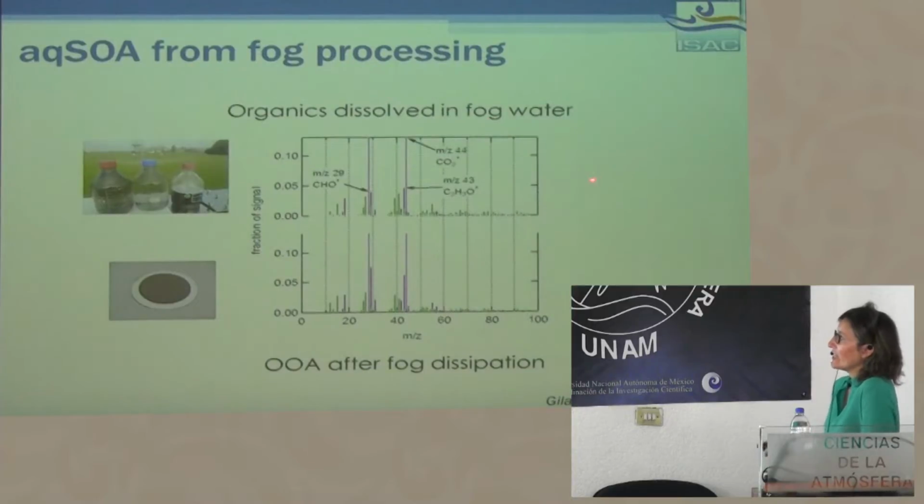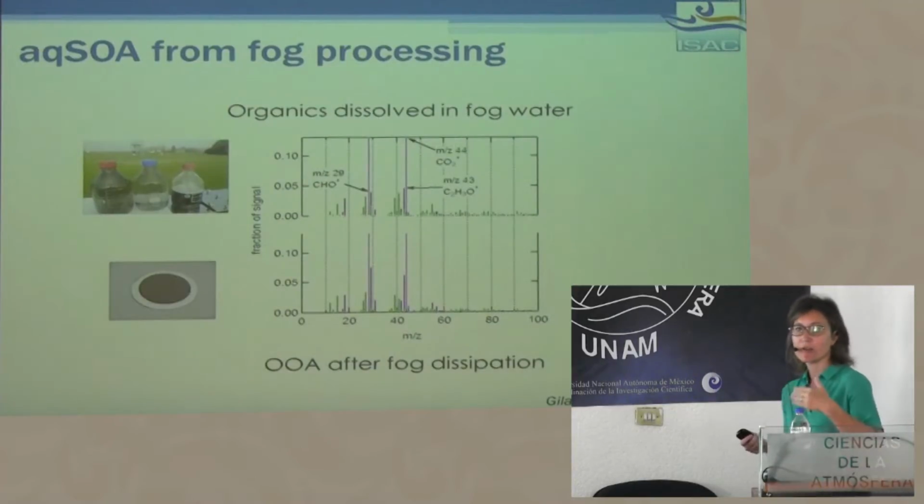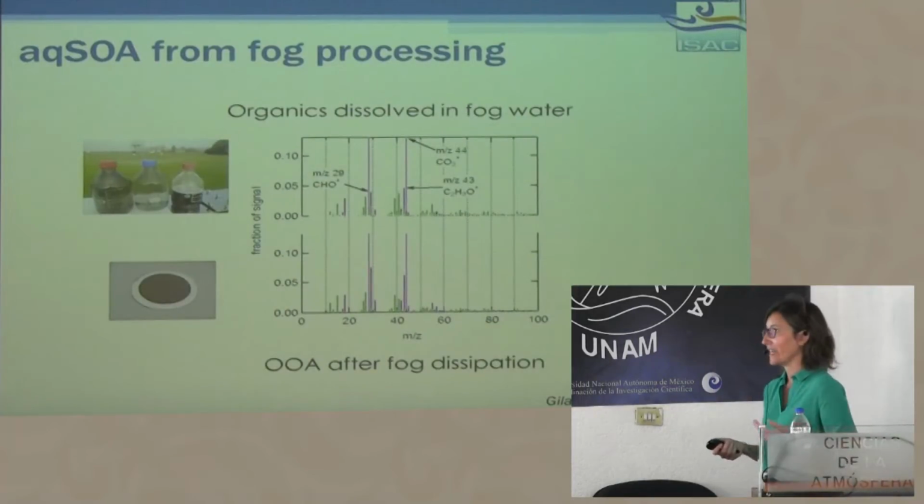And this is the average mass spectrum of the organics dissolved in fog water. What you see is that the highest peaks are pink. The pink peaks correspond to fragments that contain oxygen, oxygenated fragments, and are typical of processed organic aerosol or secondary organic aerosol.